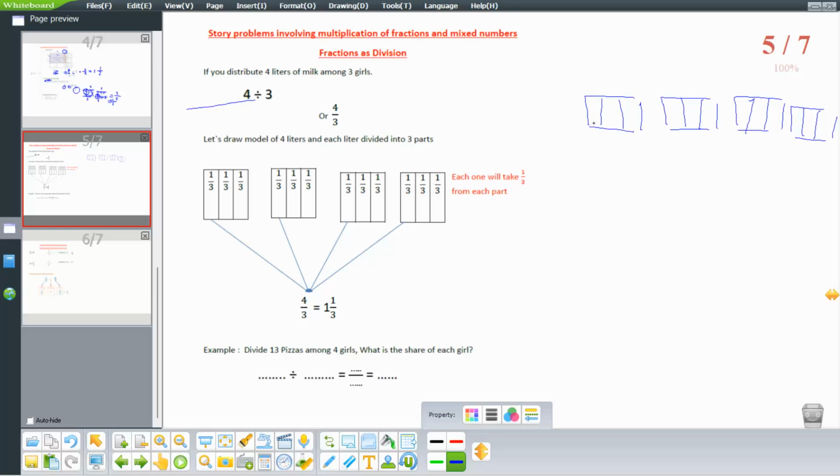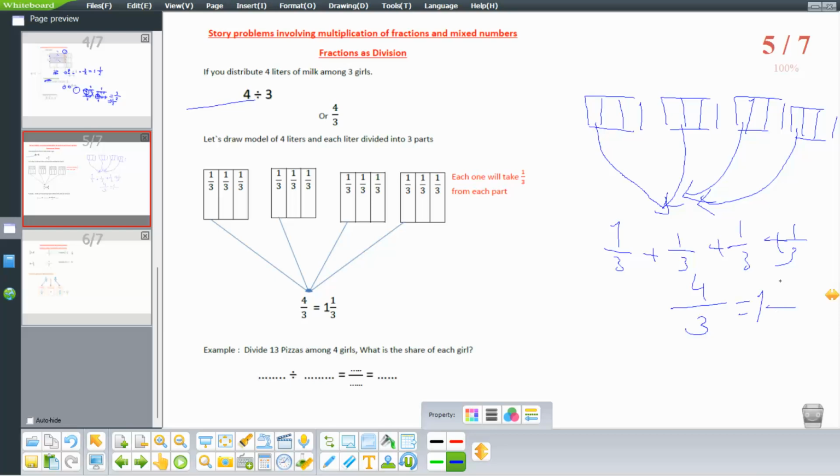Everyone will take 1/3, 1/3, 1/3. So we have 1 over 3 plus 1 over 3 plus 1 over 3 plus 1 over 3. It will be 4 over 3, which equals 1 and 1 over 3.